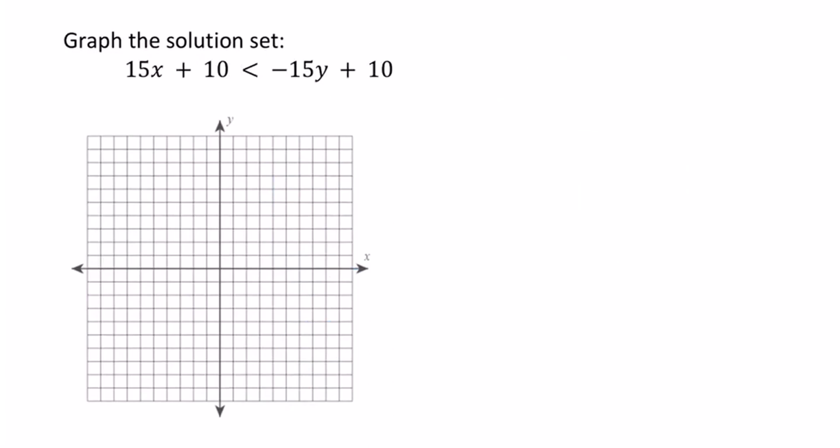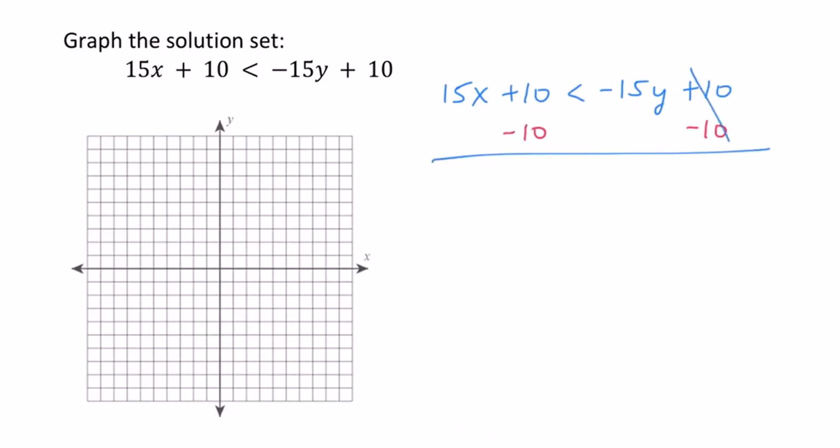15x plus 10 is less than negative 15y plus 10. So let's solve for y. Let's minus the 10 over. So we have 15x is less than negative 15y.